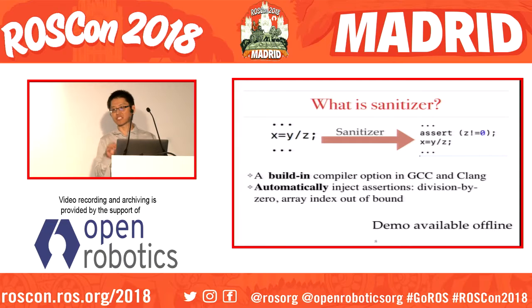You just use GCC with the sanitizer option, and you get the assertion injected in your code. A sanitizer can do more than this. It automatically injects other assertions, like array index out of bounds, and many others about your memory, for example.